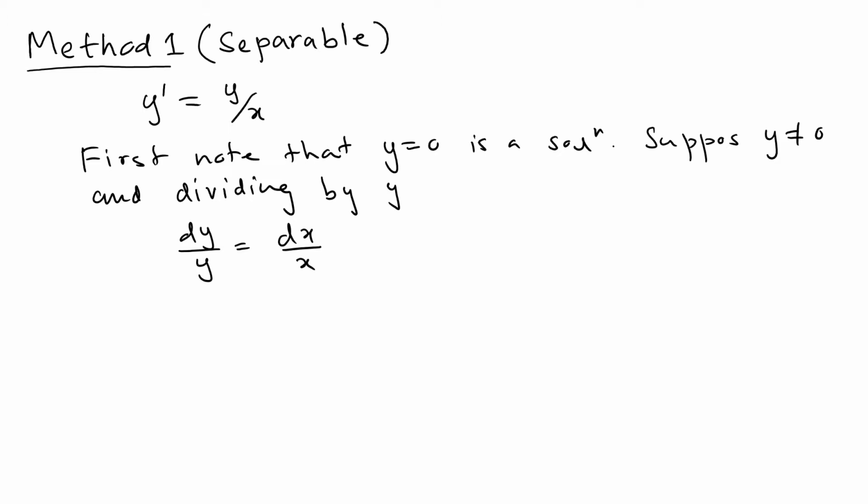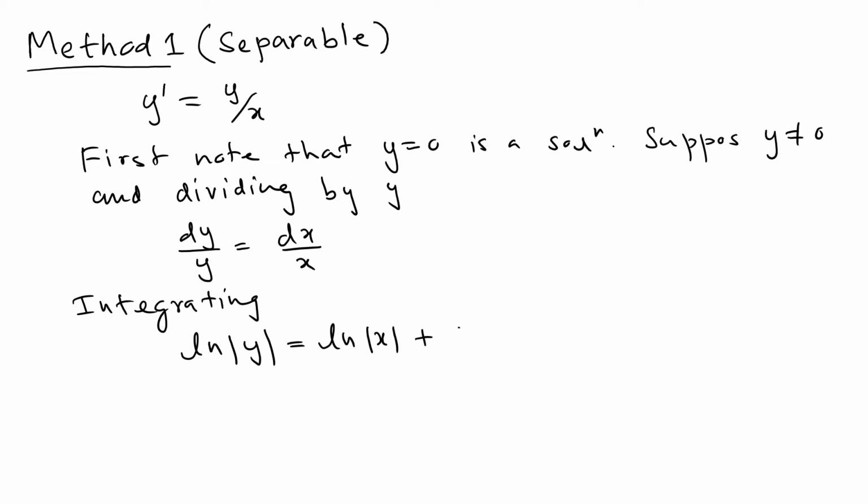Now we can integrate both sides. We have on this side ln absolute value of y equals, on the other side also, ln absolute value of x plus c.